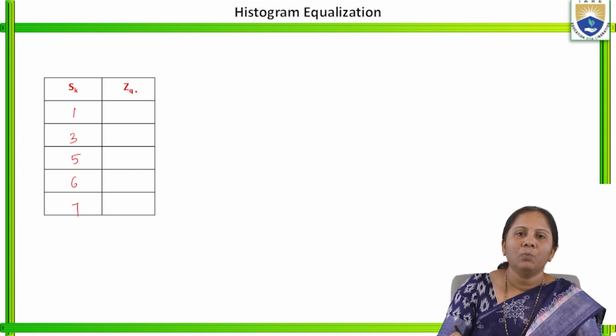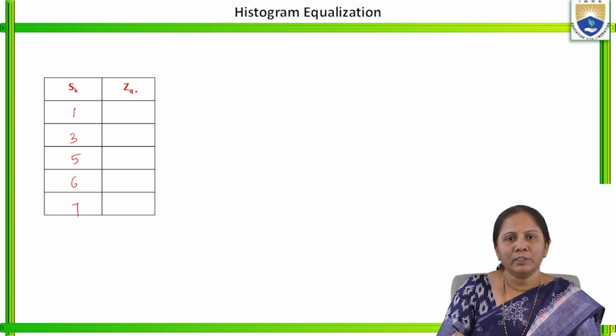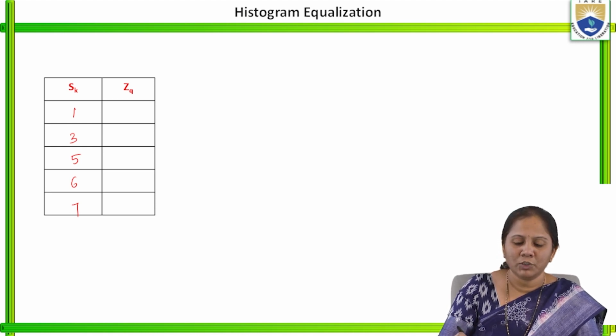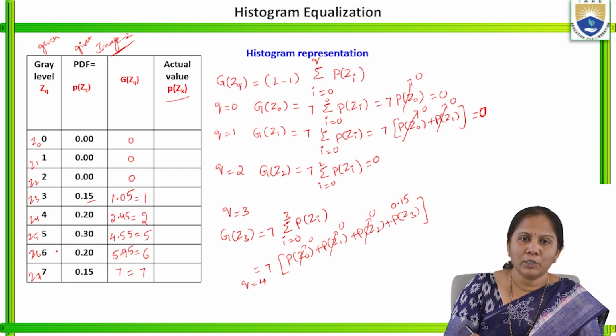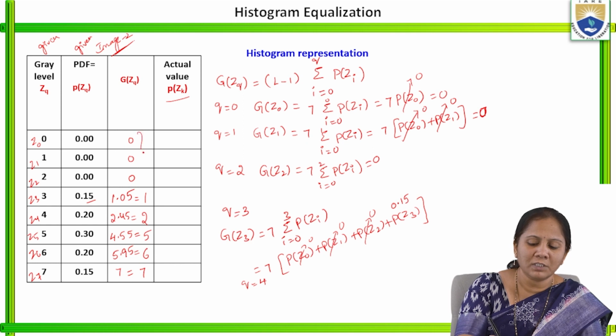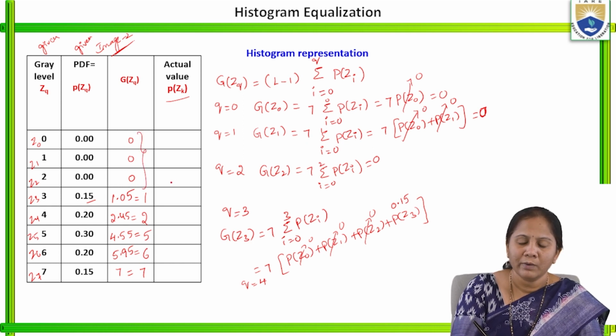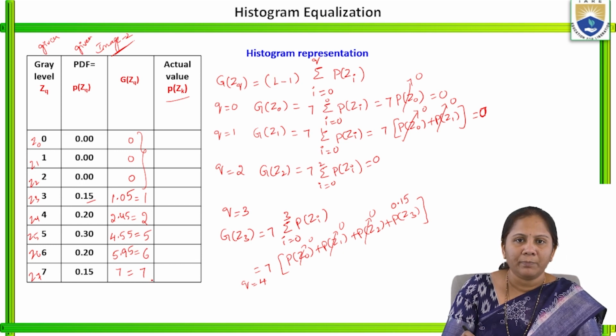Similarly here, what are all the values we got for ZQ? ZQ is for the second image. So here if you see ZQ, the first 3 values are 0. What are the next values here? 1, 2, 5, 6 and 7.